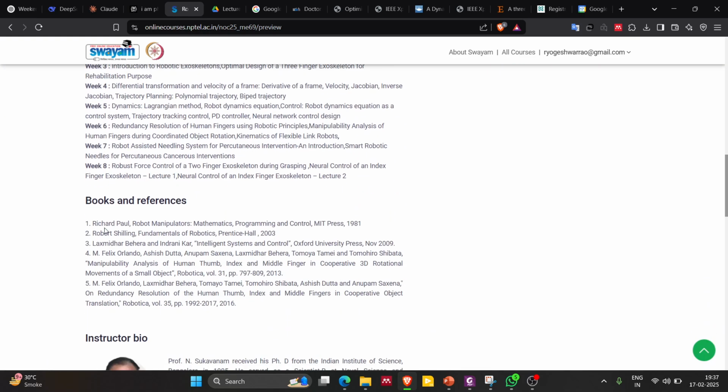There is a book by Richard Paul. Please do refer to this book. The book I've told you uses a different kind of method to solve those DH parameters, to solve the transformation matrix to go from the zeroth link to the end effector. They use a different kind of DH parameter formula. Please refer to this book, Richard Paul.